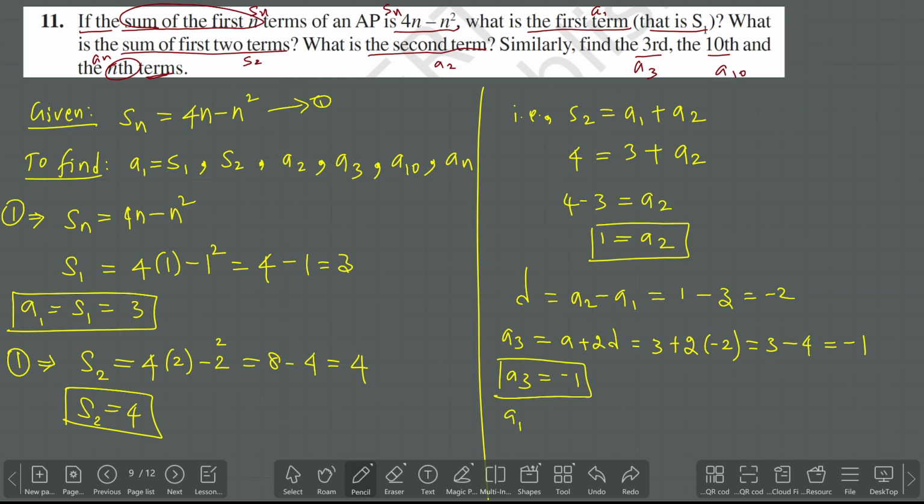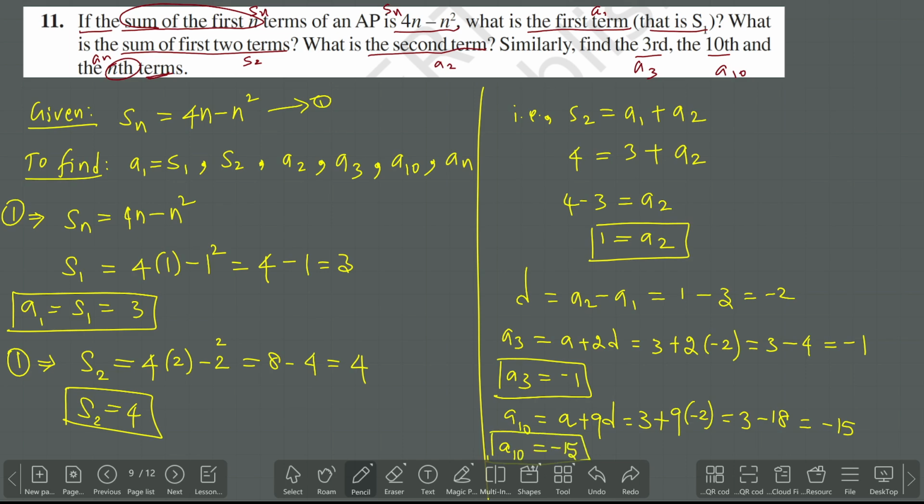A10 means A plus 9D. A value 3 plus 9 into D value minus 2, which is 3, 9 2s are minus 18, equal to minus 15. A10 is minus 15. A10 is over.